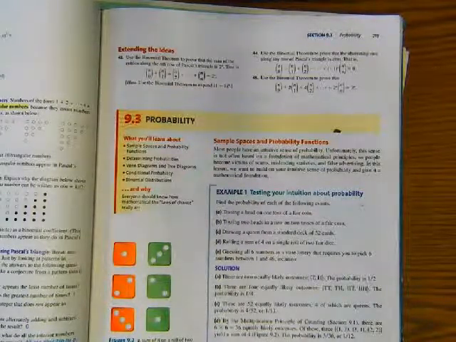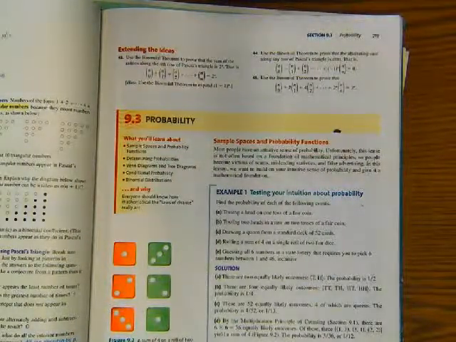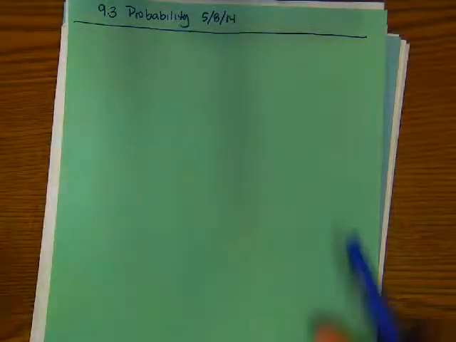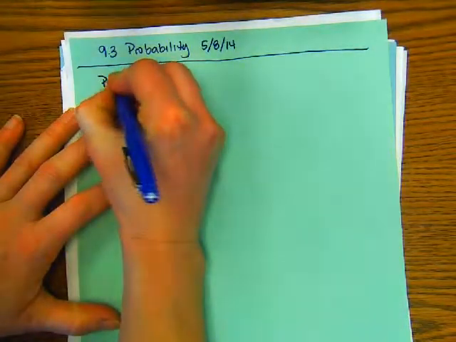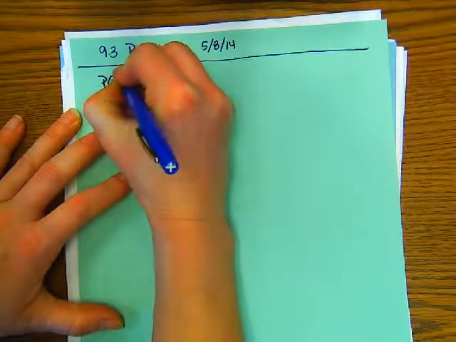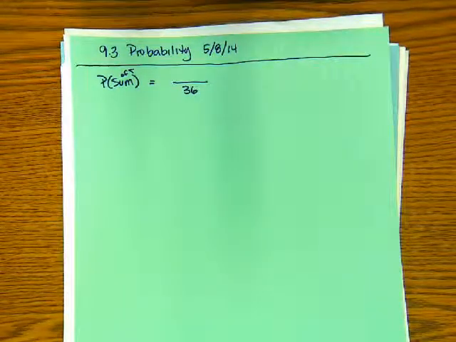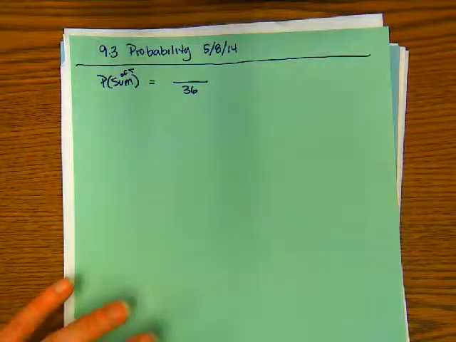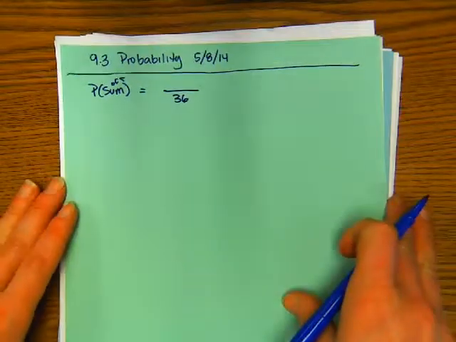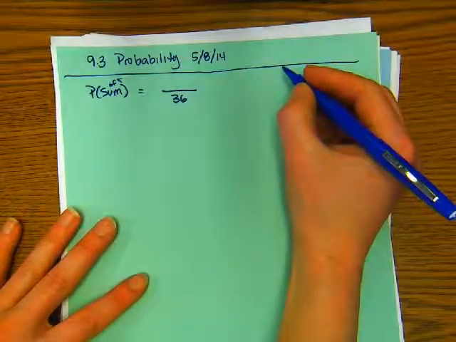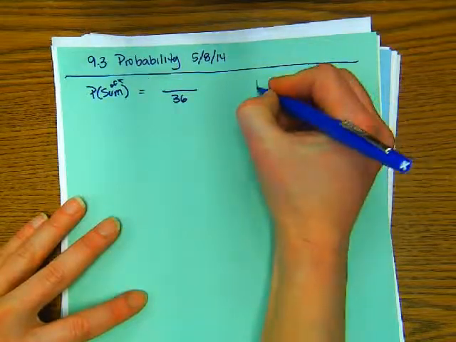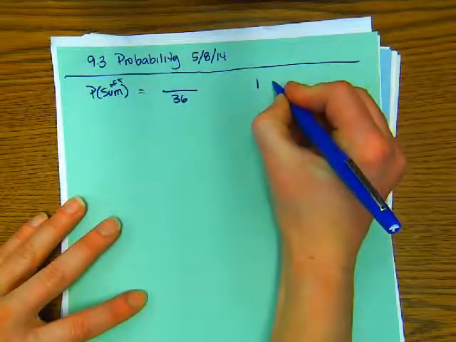So then you might be asked to count ways that, I don't know, what's the probability you would get a sum of 5? Well, we know it's going to be out of 36, right? Okay, so I need to count all the ways I could get a sum of 5. What if I got a 1 and then a 4? Okay, that would work.